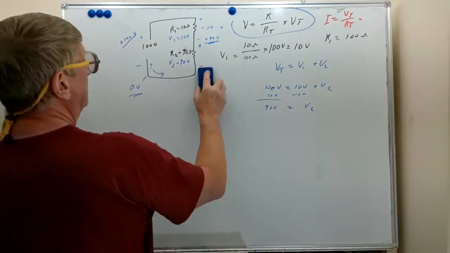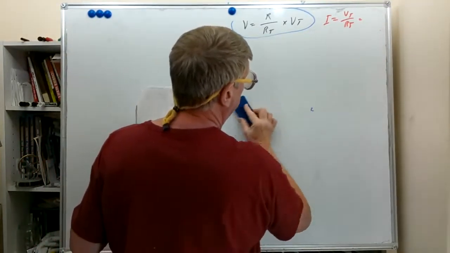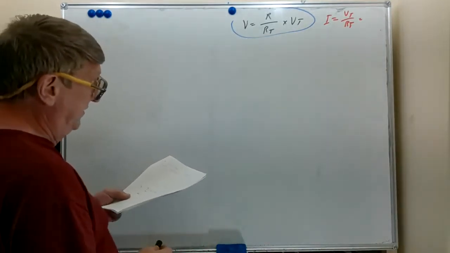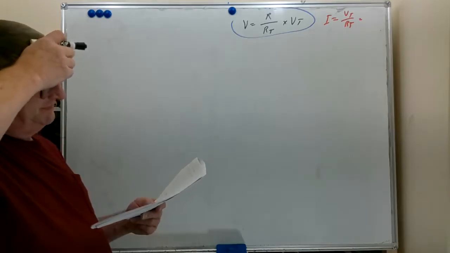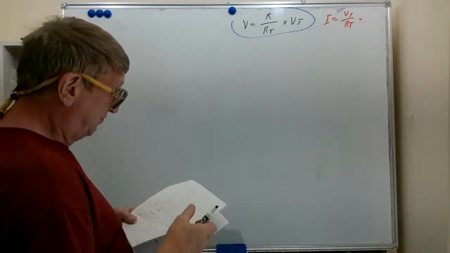I'm going to erase this because it's kind of messy and start over. We're going to talk about what happens if we have, well, 2 things. We're going to draw a circuit.